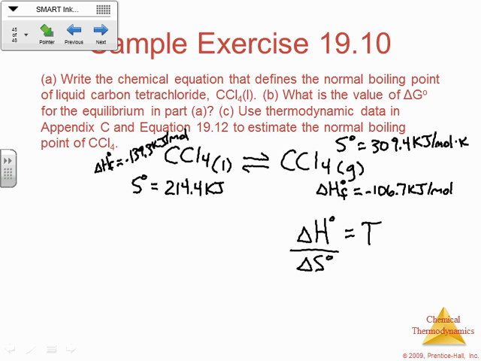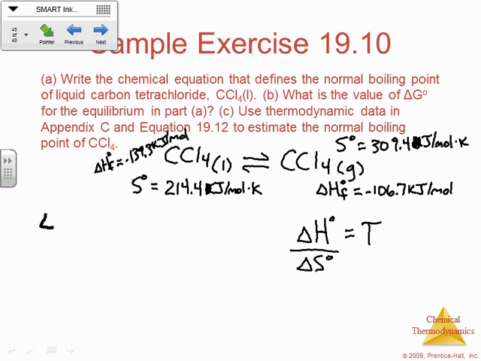Sorry, that's joules, not kilojoules. And it's good to look at these every once in a while just to see if they make sense. Does it make sense that there's a higher entropy for the gas than for the liquid? Yeah, that makes sense. Okay, so then you just do products minus reactants for both.